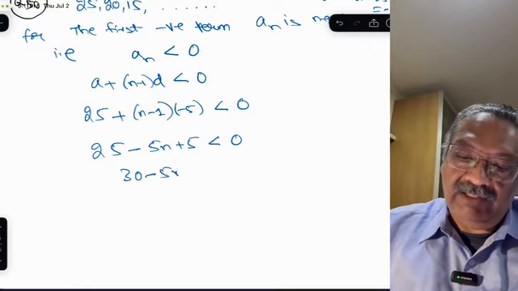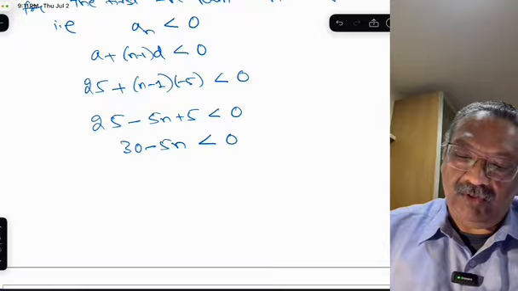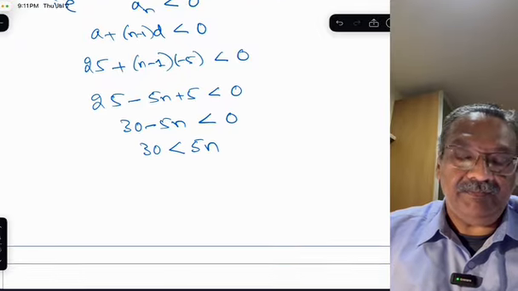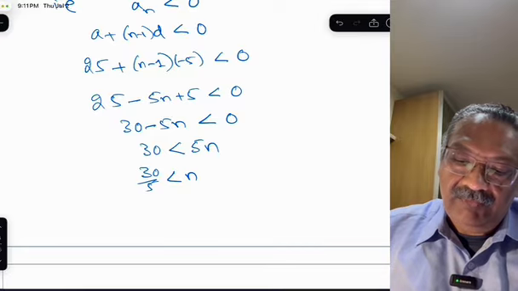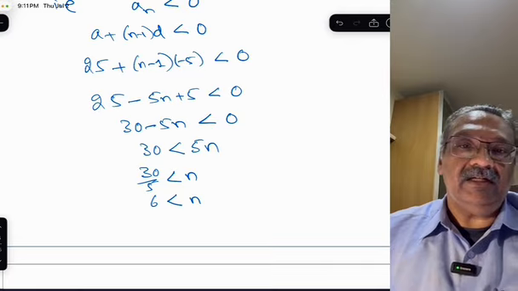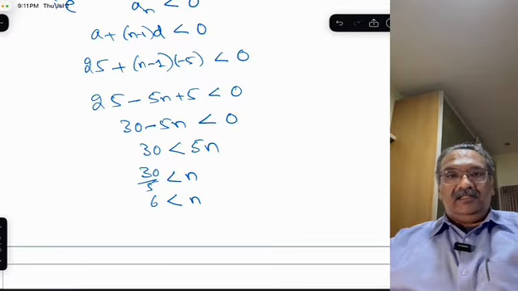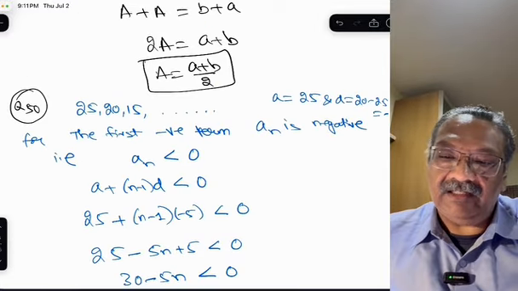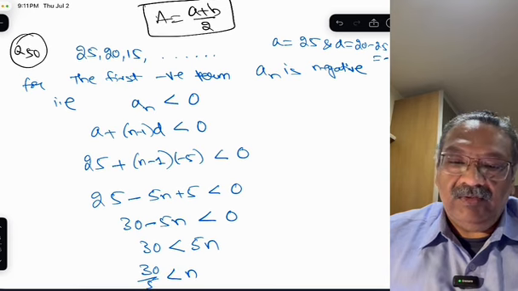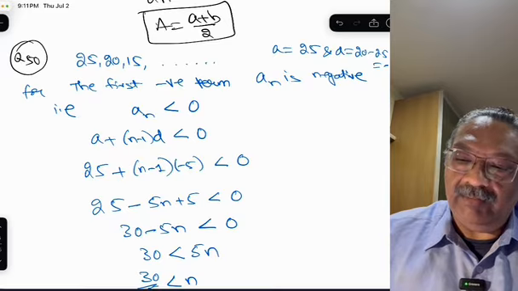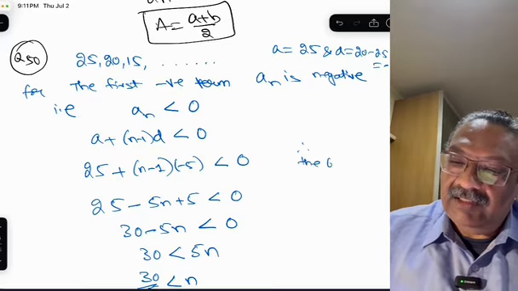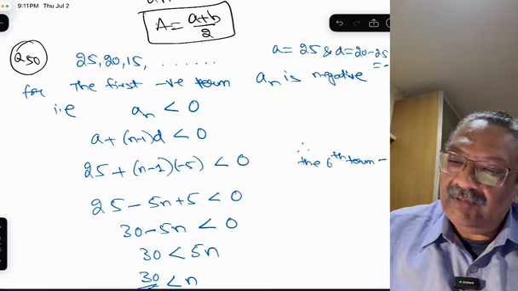So 30 minus 5n is less than 0, or 30 is less than 5n, simple mathematics. So 30 by 5 is less than n. So 6 is less than n. So since we got n as a whole number, therefore the sixth term will be 0.